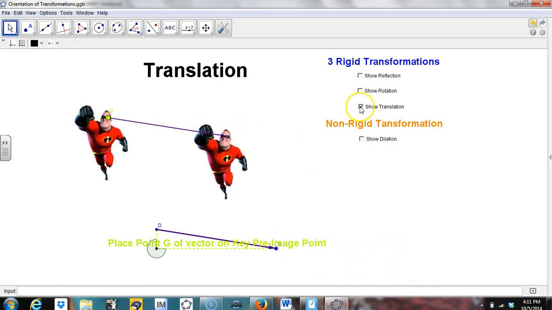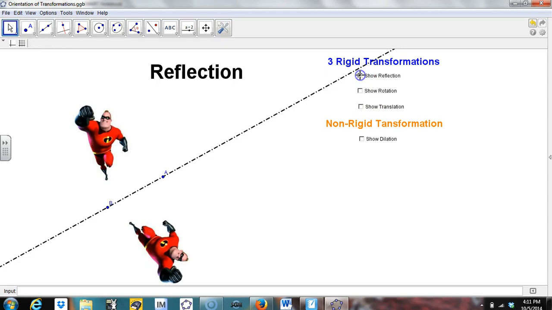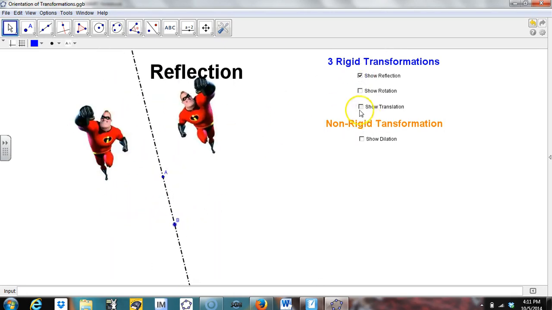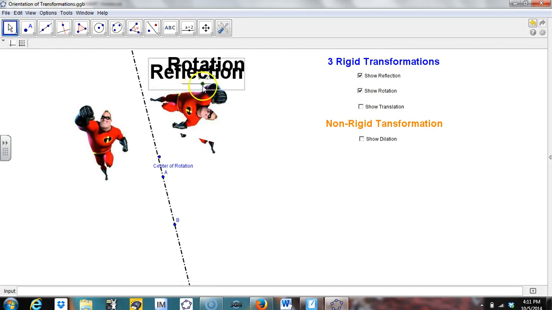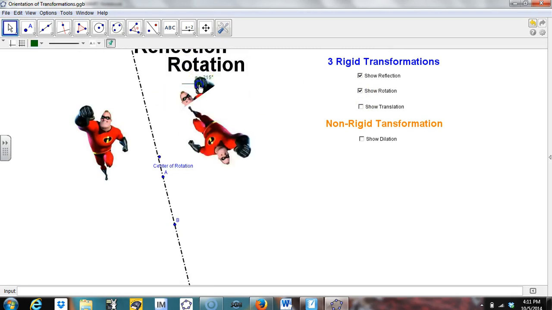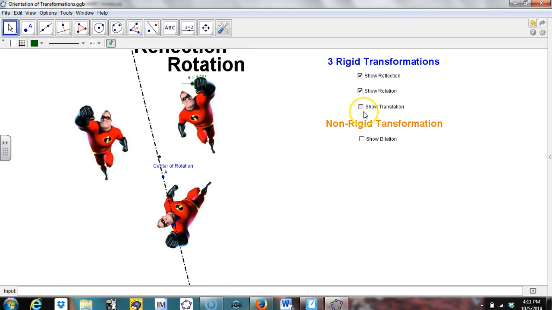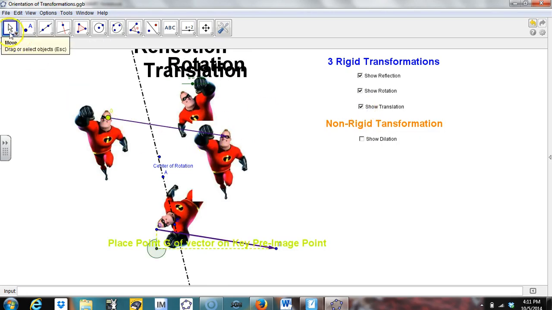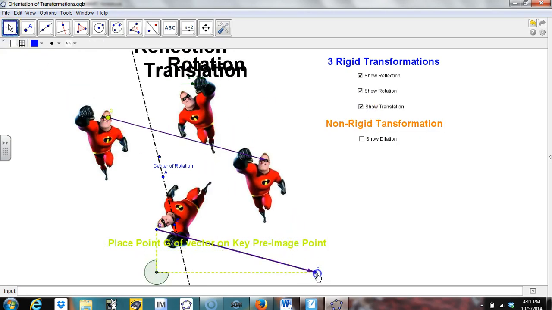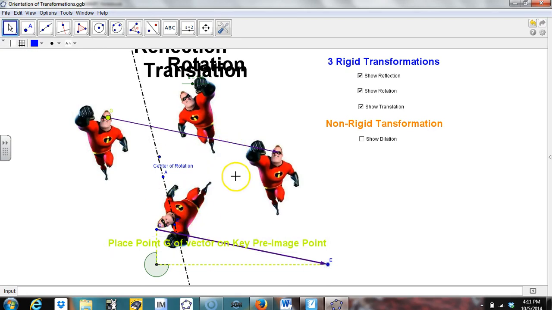So just be aware of the orientation: know when an object has been flipped, reflected, know when it's been rotated, and know when it's been translated. And see the three different effects of what we can do to Mr. Incredible. This helps us understand how we can move images around a plane and do animation. So good luck, guys.